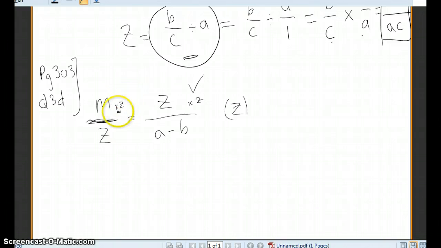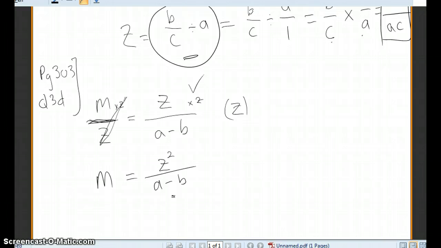By multiplying by z, I get to cancel that division by z, and on the left hand side I'm left with just m, and on the right hand side I'm left with z squared, not 2z, z squared, because z times z is z squared. And on the bottom of the fraction I've still got a minus b.